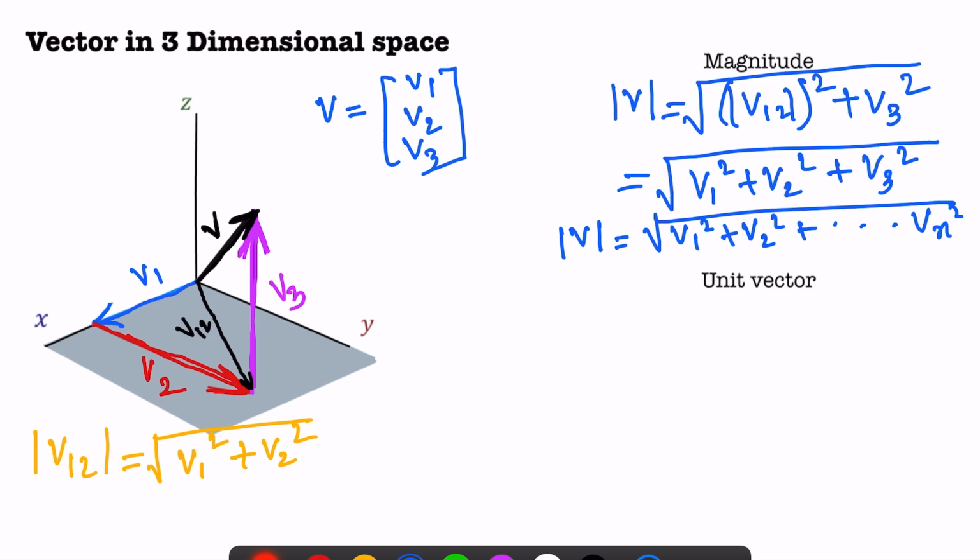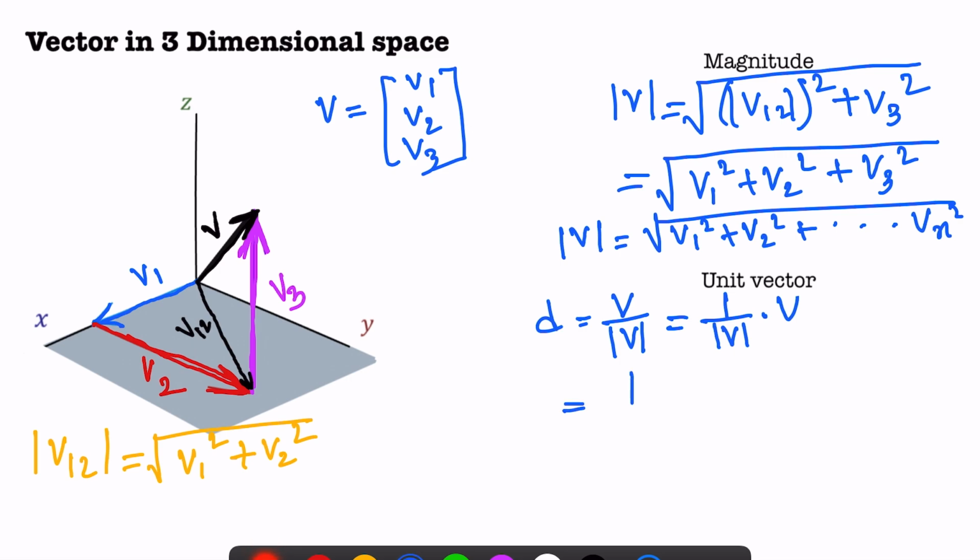Now, the unit vector, consider the unit vector is d, and that will be v divided by mod of v, or we should write it as 1 over mod v multiplied by v. Let's consider this three-dimensional vector only.